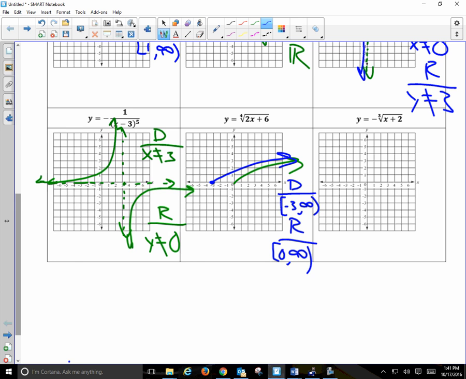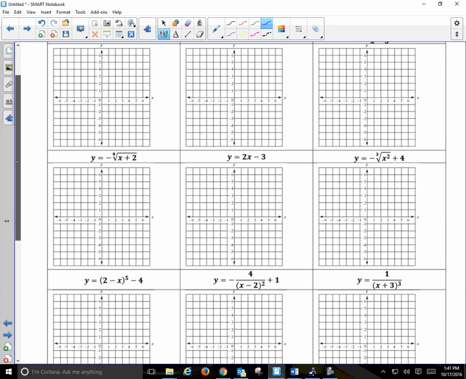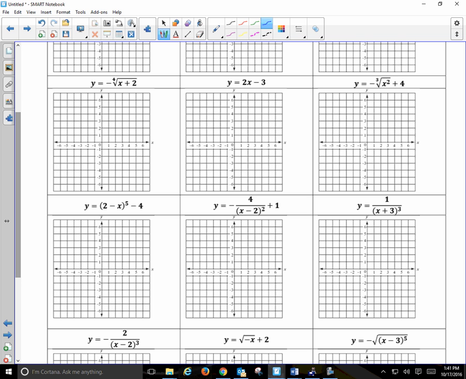Let's do one more. Flip it over. I want to do my favorite one. This is the same as -x to the 2/3 plus 4. Same thing, okay? Now, do you remember what that parent function looks like?